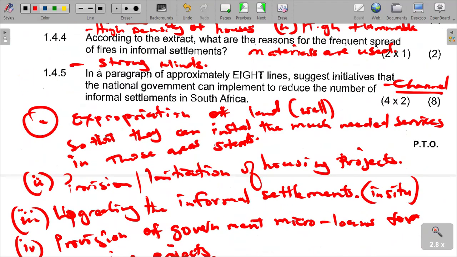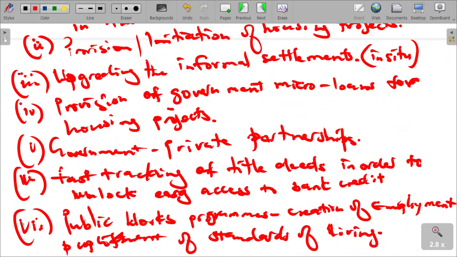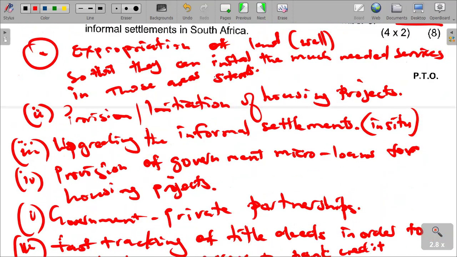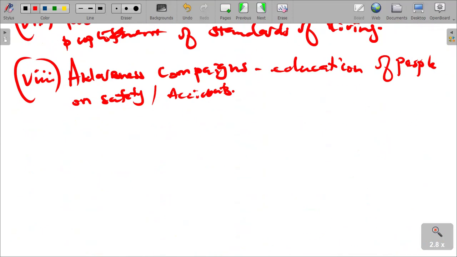So you can see that we have quite a lot of answers that we can give with regards to government intervention in terms of reduction and prevention of the growth of informal settlements. Even government fining and sentencing of perpetrators who are found building informal settlements.